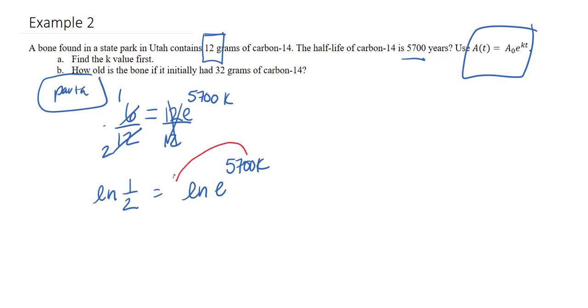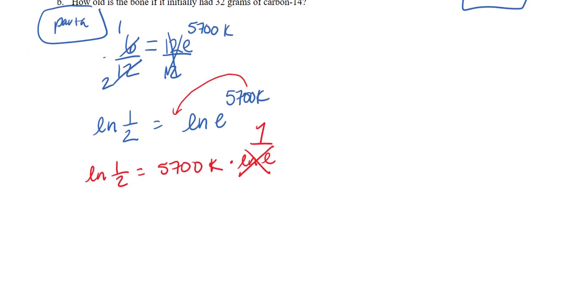Well, this exponent gets kicked out, so we get the natural log of 1/2 equals 5,700K times the natural log of e. This just becomes 1, which is really nice. And then we go ahead and divide on both sides by 5,700 to get K by itself on the right-hand side.